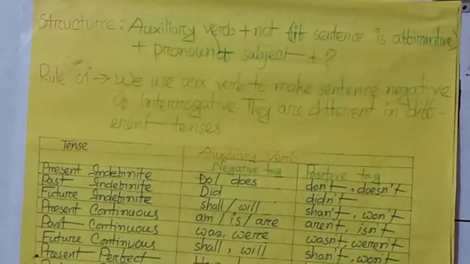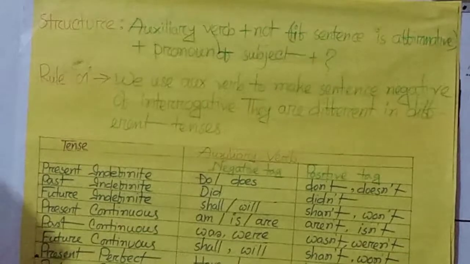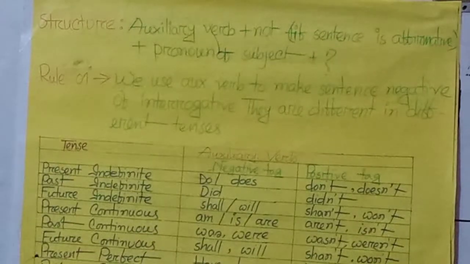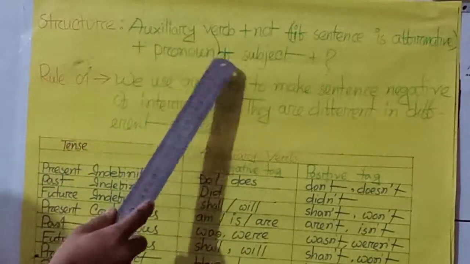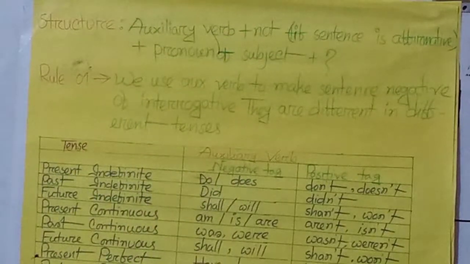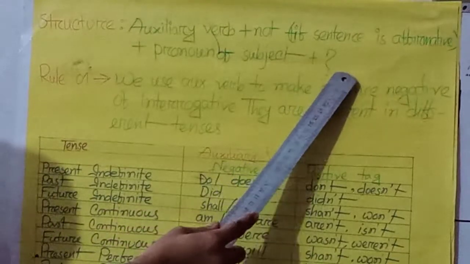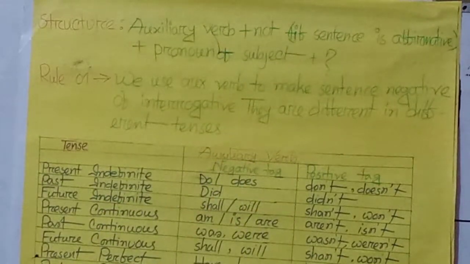But if the sentence is negative, we omit the not or the negative word of that sentence. Then comes the pronoun of the subject. That means we use the pronoun of the same subject of the statement. At last comes the note of interrogation.